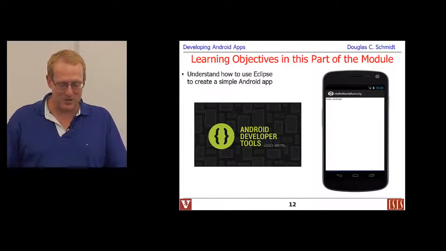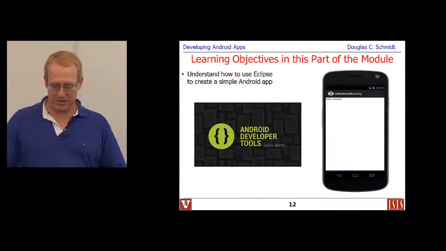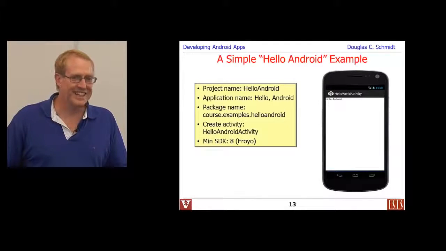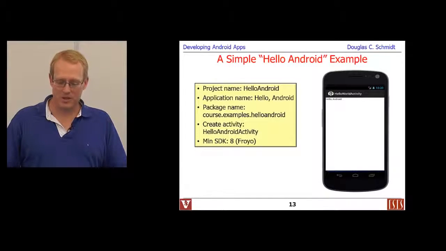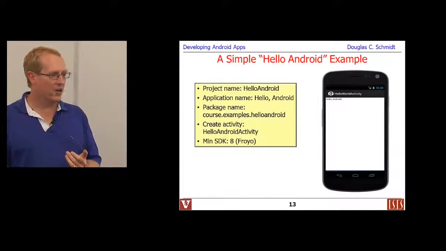All right, next thing we're going to do is talk about how to use Eclipse to make a simple app using the Android development environment. This app is really easy. It's something that's almost mindless, but it helps us to walk through the various steps involved and look systematically at what's going on. The project is going to be named Hello Android.